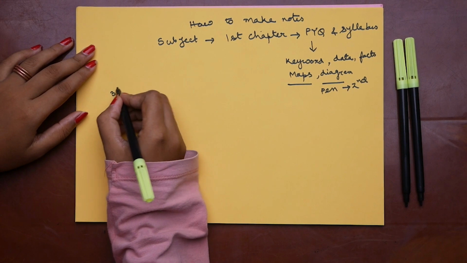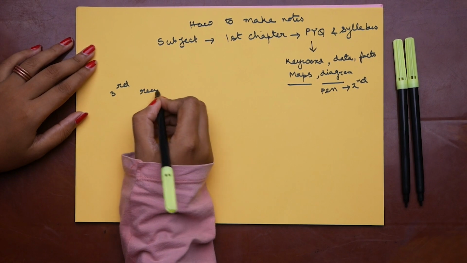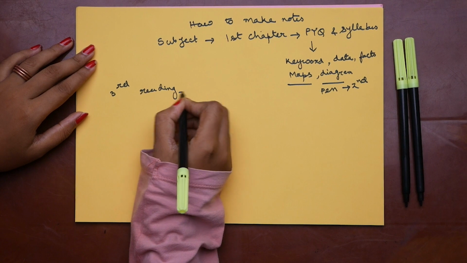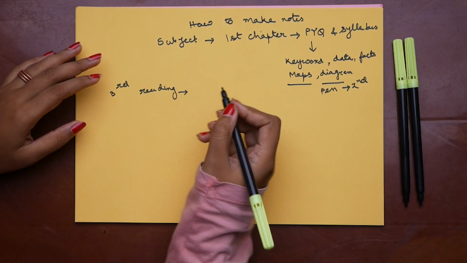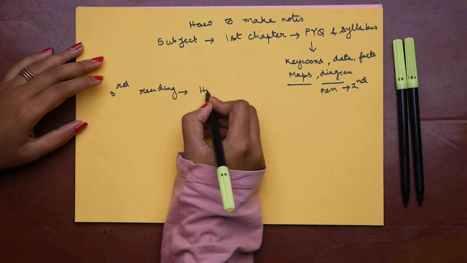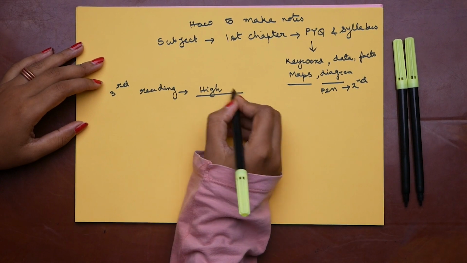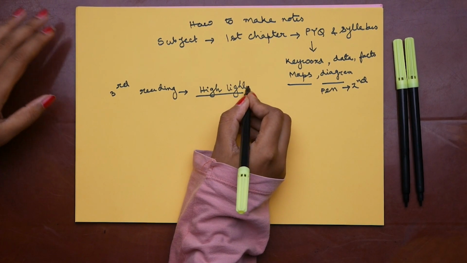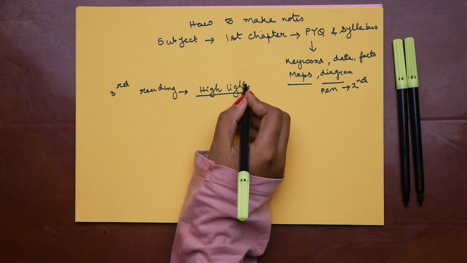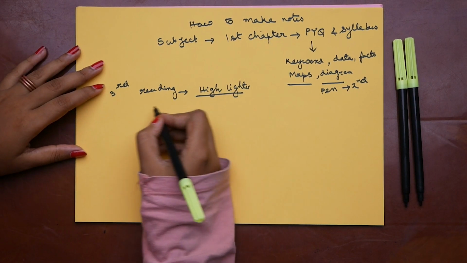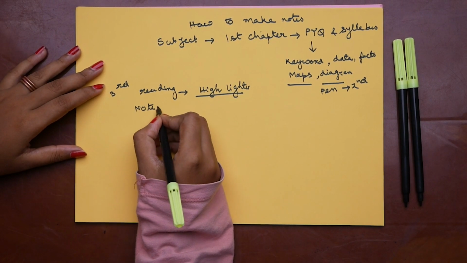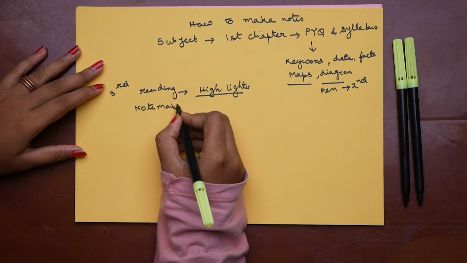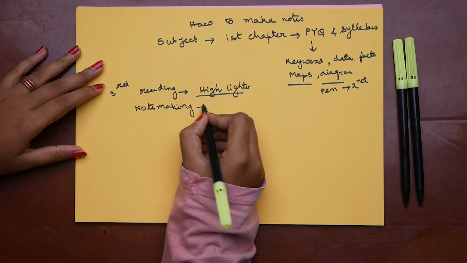Now in your third reading and in your subsequent readings, mark them with a highlighter. And then you should start the note making. And where do you make the notes?